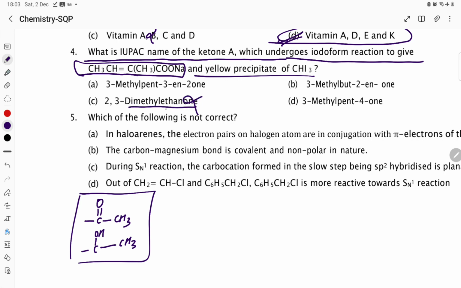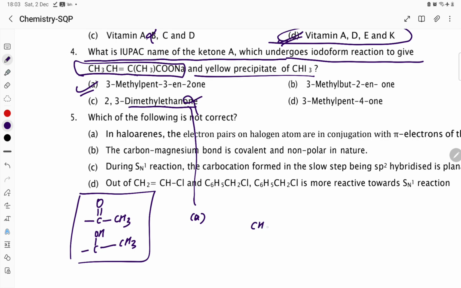Now you draw dimethylethanone. 2,3-dimethyl is there, student. So that cannot be. If you see the structures, the correct option is supposed to be option A, student. First let us see A: 3-methylpent-3-en-2-one.